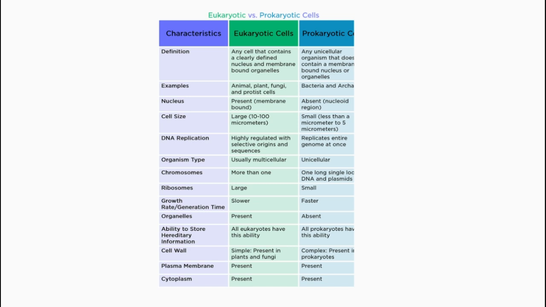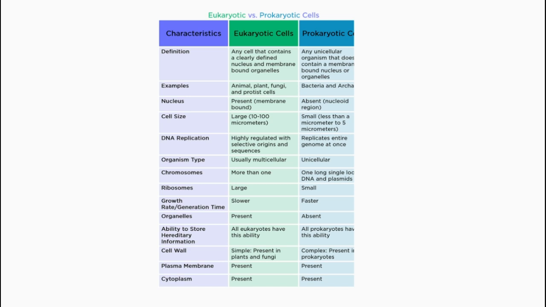If we're comparing cell size, eukaryotic cells are a lot larger than prokaryotic cells, between 10 to 100 micrometers, while prokaryotic cells are a lot smaller, a max of maybe 5 micrometers. They're really small. DNA replication is highly regulated with selective origins and sequences in eukaryotic cells, while prokaryotic cells replicate the entire genome at once.